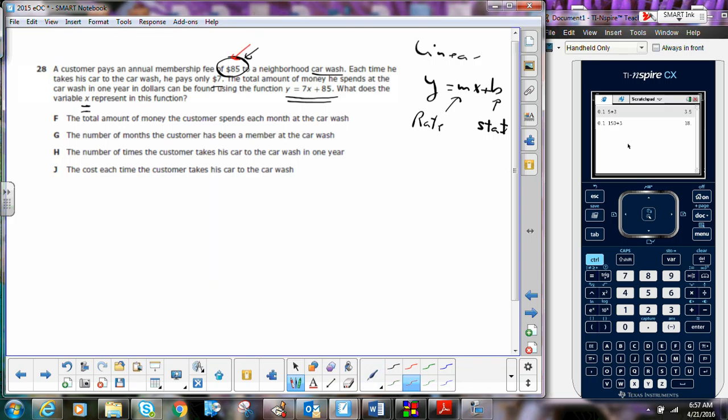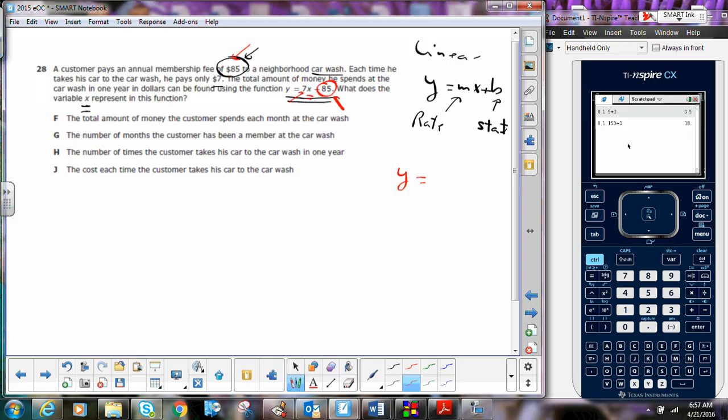They charge him an $85 annual membership fee. So when he starts, that's how much they charge him. So how about if we want to write an equation? This is the equation. 85 is the starting point, and $7 each time he shows up. That's how much he pays, $7 each time.